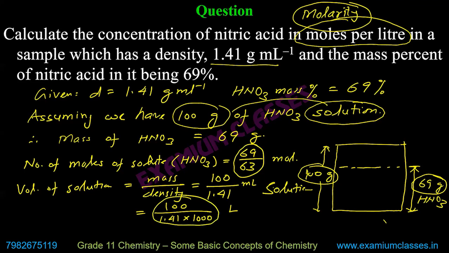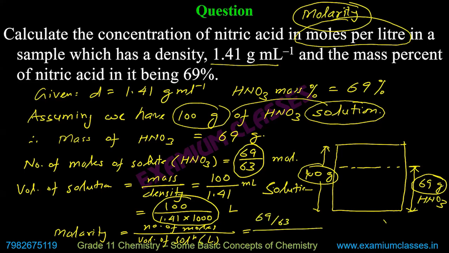You apply the formula that molarity is equal to number of moles divided by volume of solution. So it will be 69 divided by 63 divided by 100, or you can simplify this as 1 divided by 14.1.